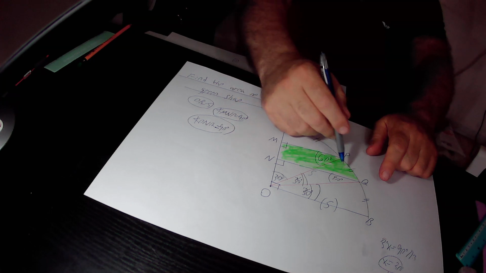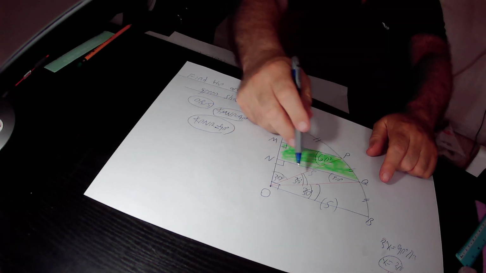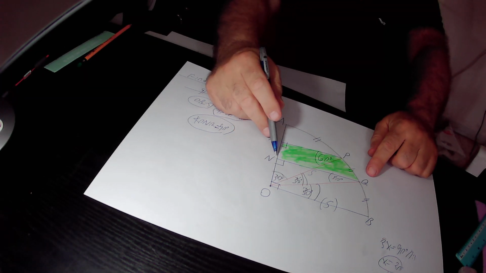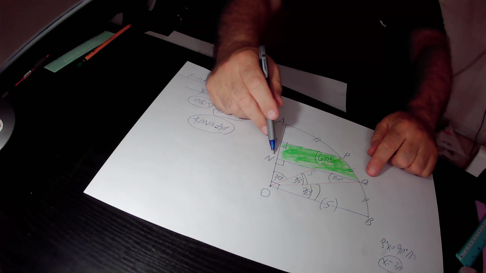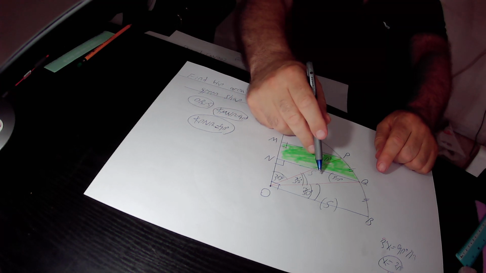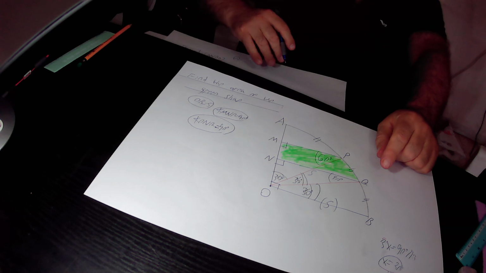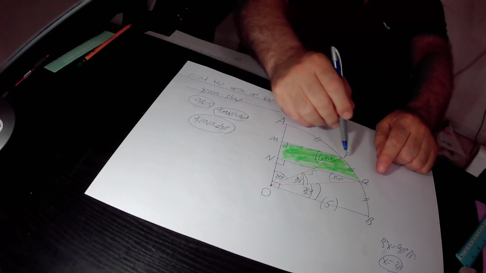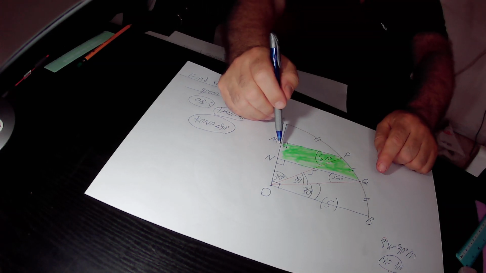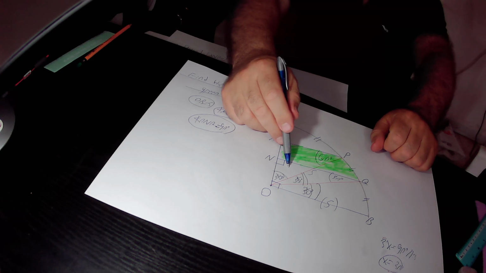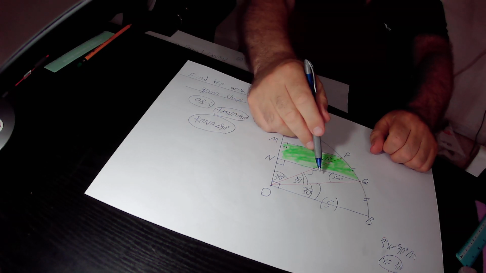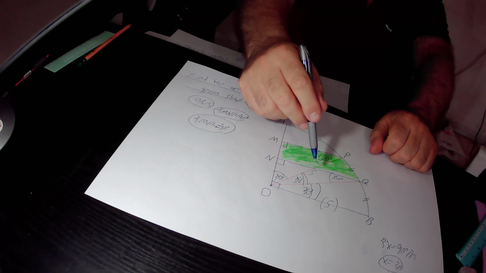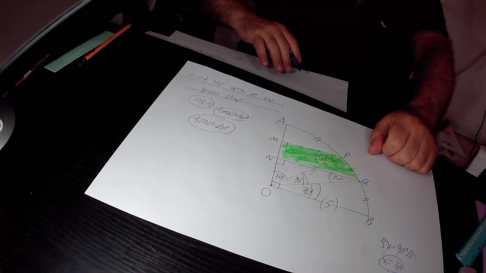This is the triangle NQO. The triangle NQO consists of two triangles: triangle NSO and this triangle SQO.